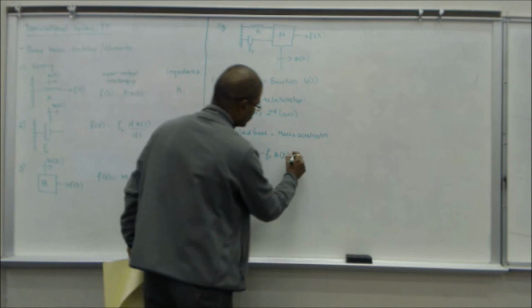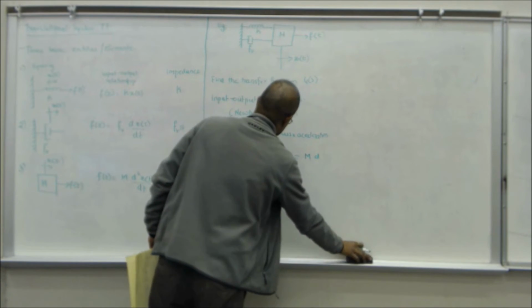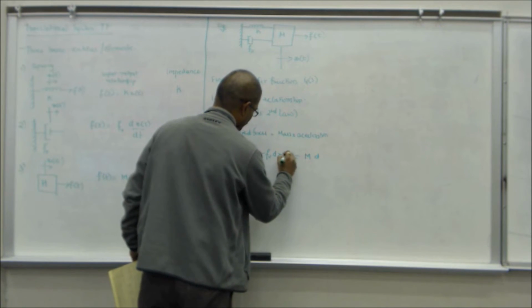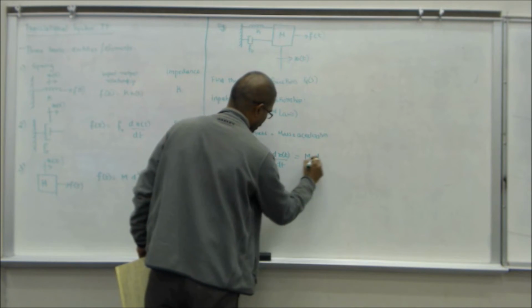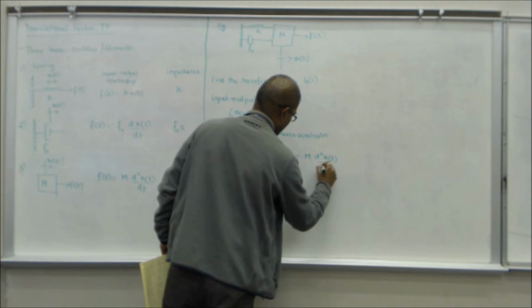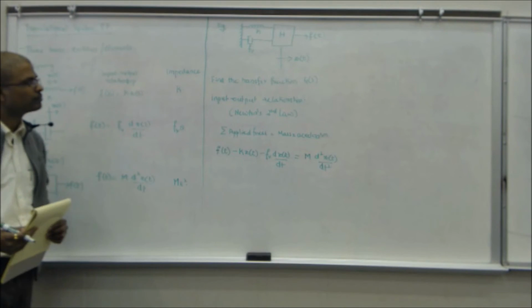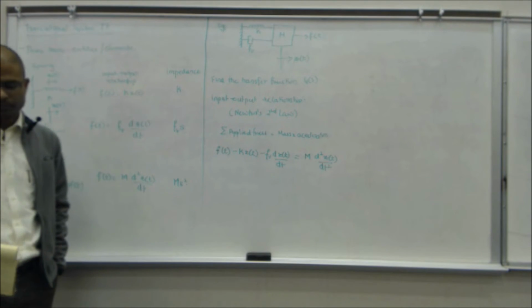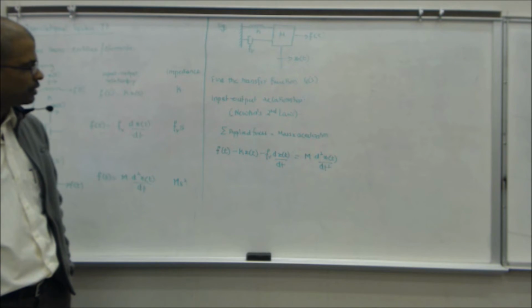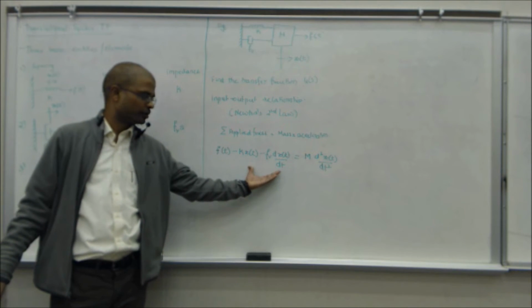Is equal to mass into m d square x of t over dt square. Now, you should have asked me a question. Okay, let me first ask you guys a question. Do you agree with this?